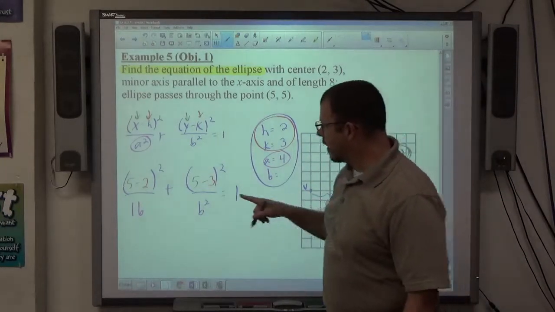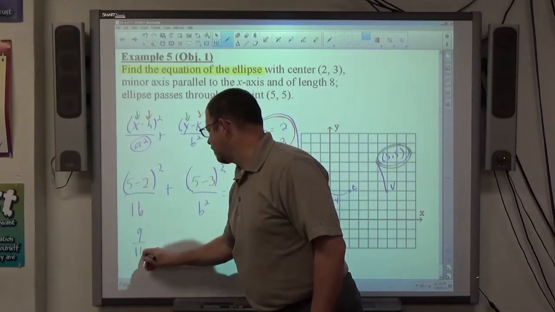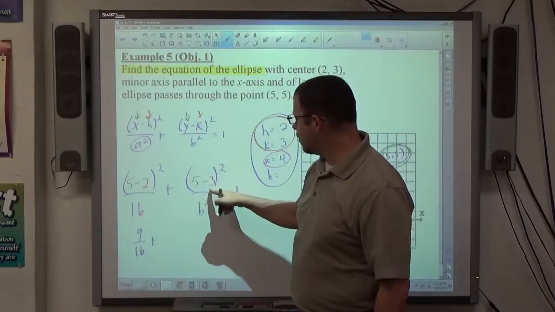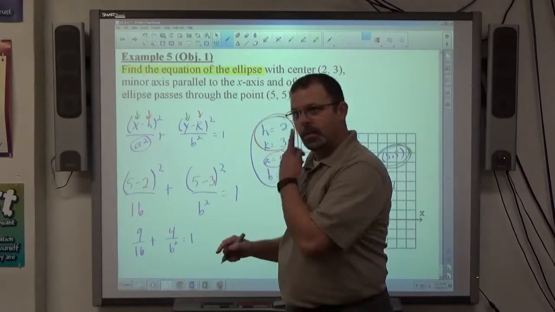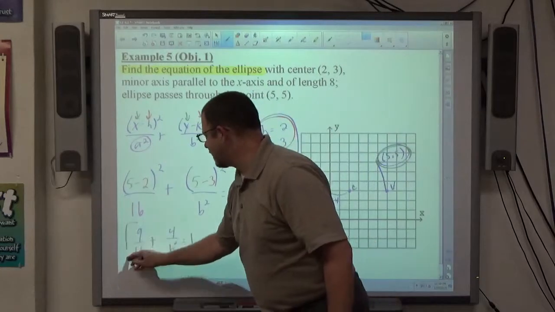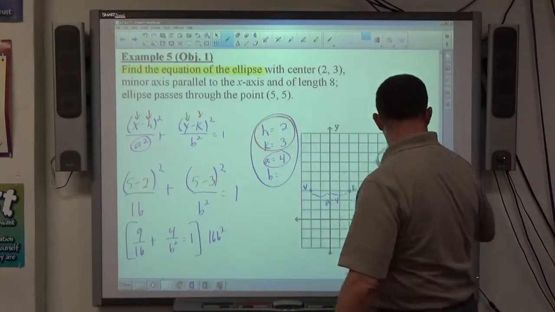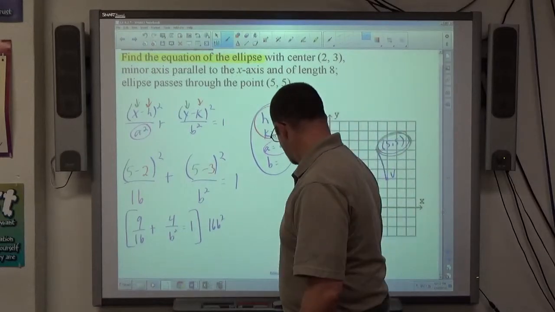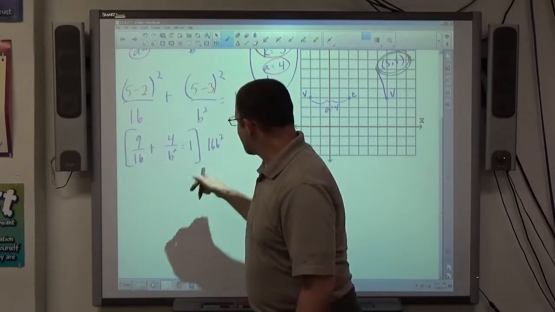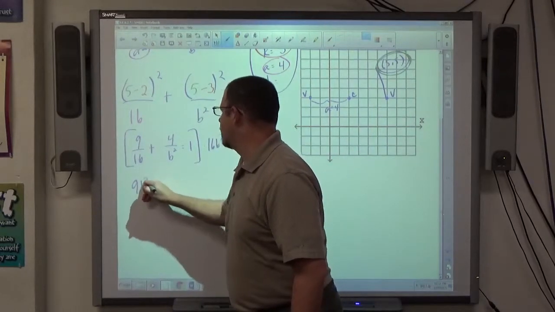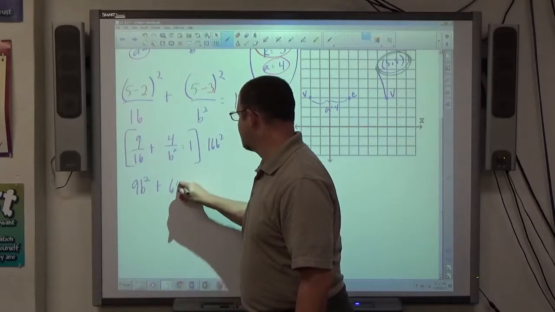So if I work this out, 5 minus 2 is 3, squared is 9, so I get 9/16. 5 minus 3 is 2, squared is 4, over b squared is equal to 1. Multiply everything by 16b squared to get rid of the fractions. 9/16 times 16b squared is 9b squared. 4 over b squared times 16b squared is going to be 64.